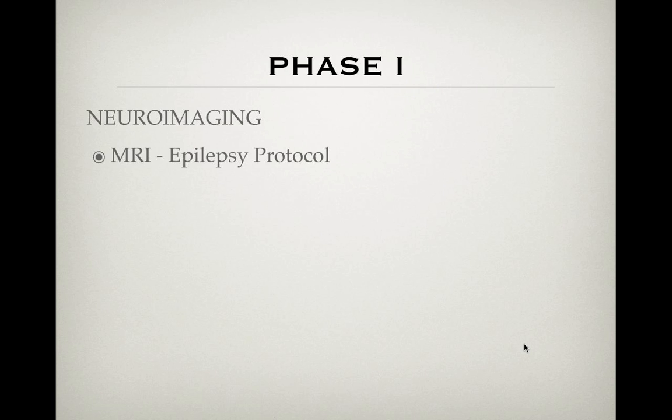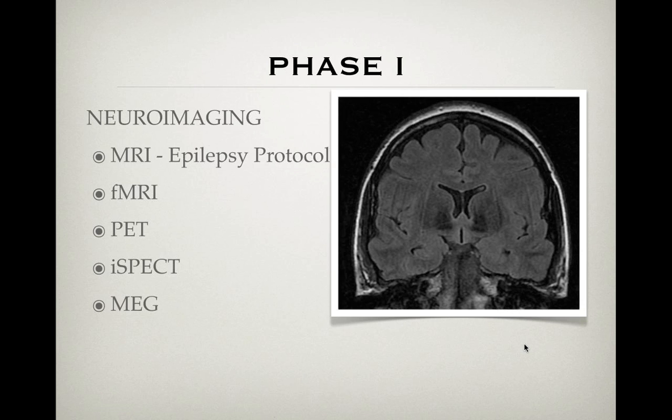We have very, very specific things that we're looking at, and we have the radiologist do a specific epilepsy procedure with the MRI. It's just a little more detailed. There's functional MRI, PET, SPECT, MEG, and we'll review all of those.